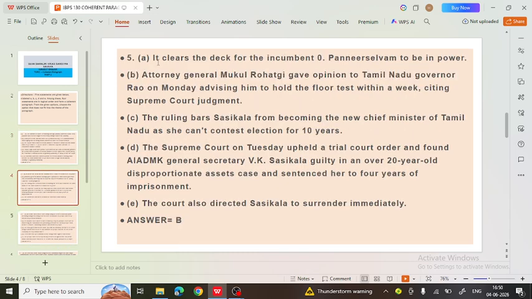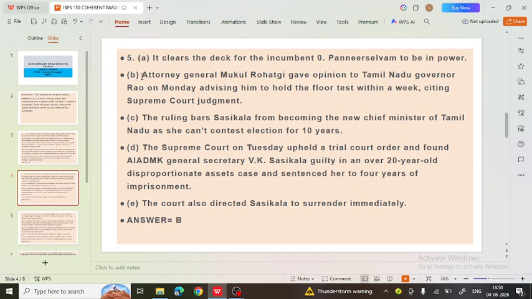Let's read the options. It clears the deck for the incumbent O Panneerselvam to be in order.